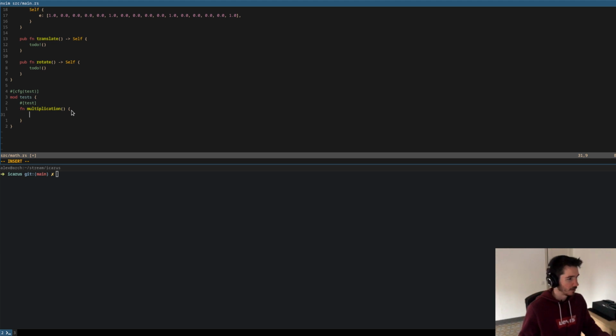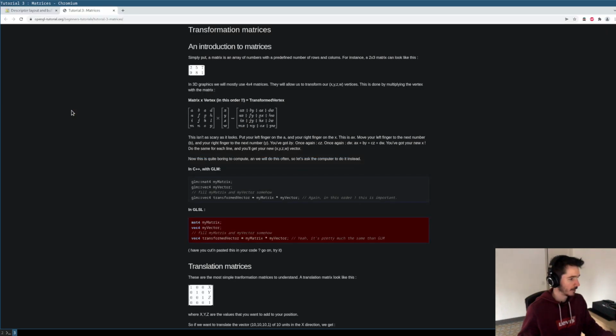So now we should be able to create matrix 1, which is Mat4 new, passing in an array. And what are we gonna pass here? Do they provide any example in here?